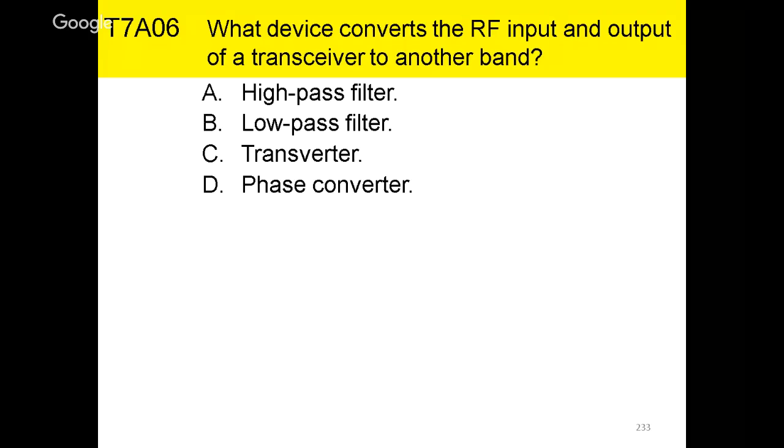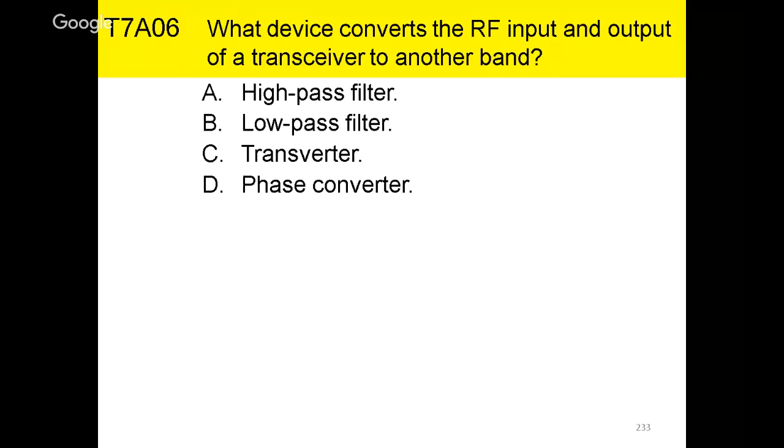There it is, page 126. Okay. T7A03, which is used to convert a radio signal from one frequency to another. Your answer is B. So you're converting a radio signal from one frequency to another.